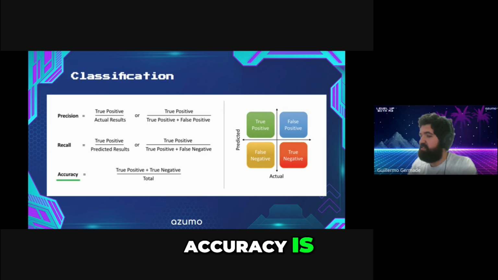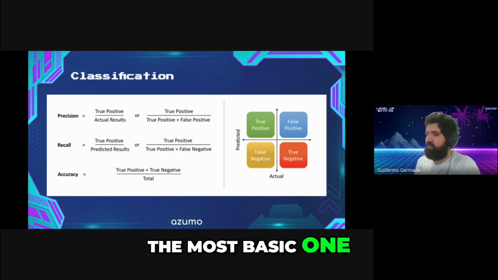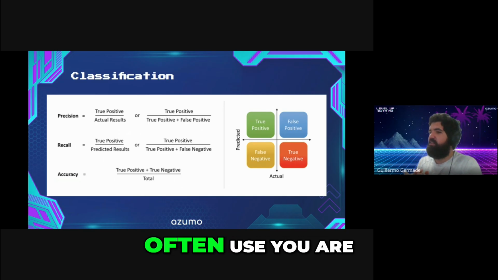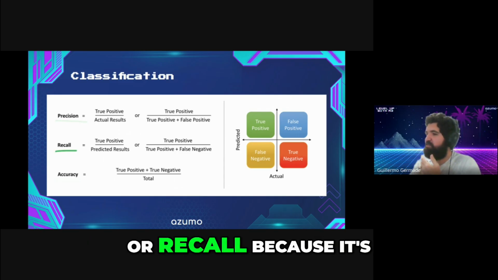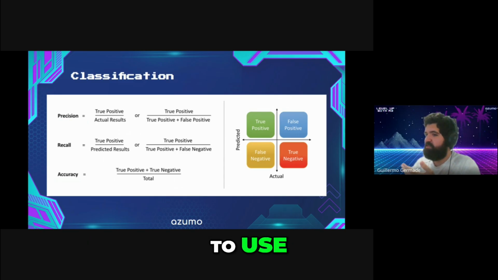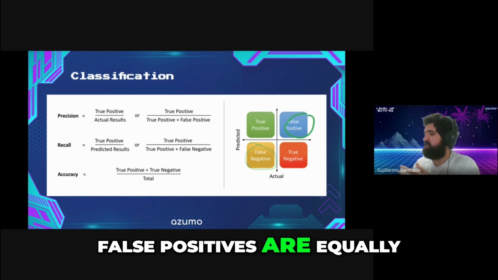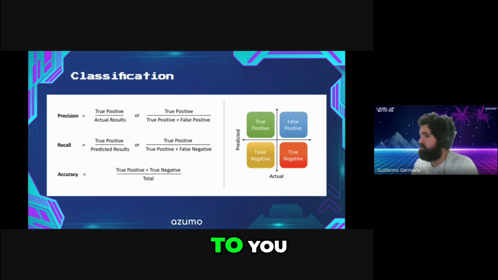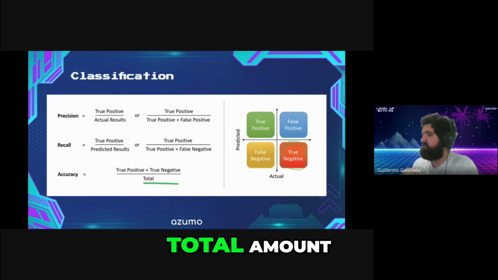Finally, accuracy is the most basic one, but in real life, often you are optimizing for either precision or recall, because it's weird to say that false negatives and false positives are equally bothersome to you. Accuracy just means true positives and true negatives divided by the total amount.